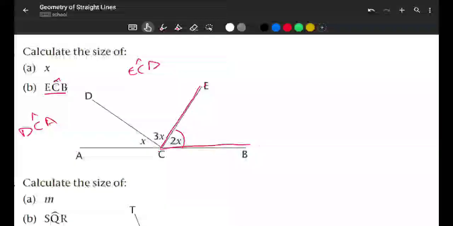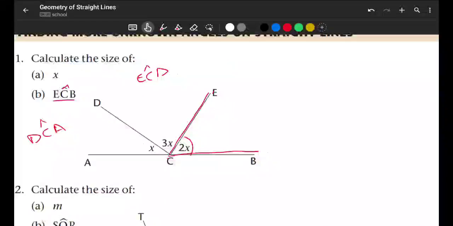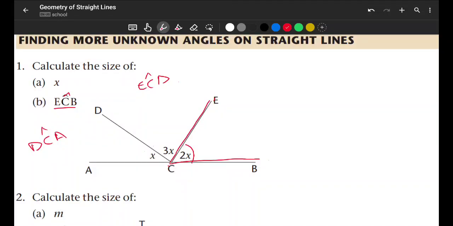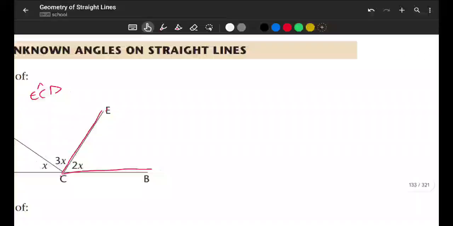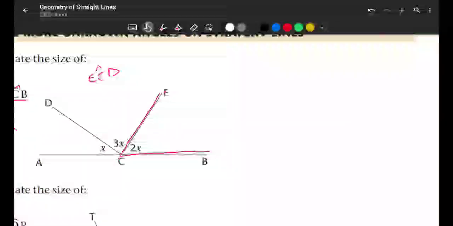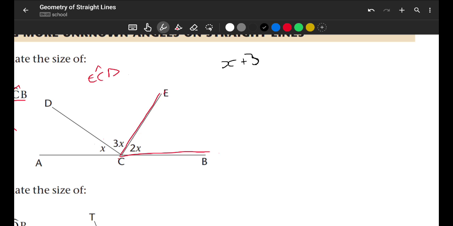We can't find this angle without finding the value of x. So first of all, find x the same way that we did before. We say x plus 3x plus 2x equals 180 degrees, angles on a straight line.